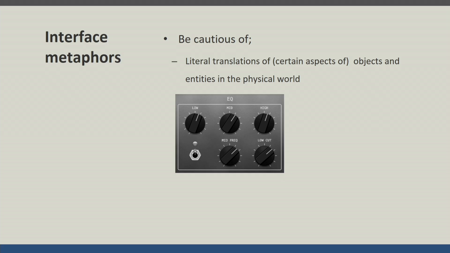Something that you see on your screen is not a hard product. It is an interface of some kind of an equalizer where you have knobs and dials which you can turn clockwise to increase the value, and turn anti-clockwise to decrease the value. There is a switch, just like the switch in the physical world.